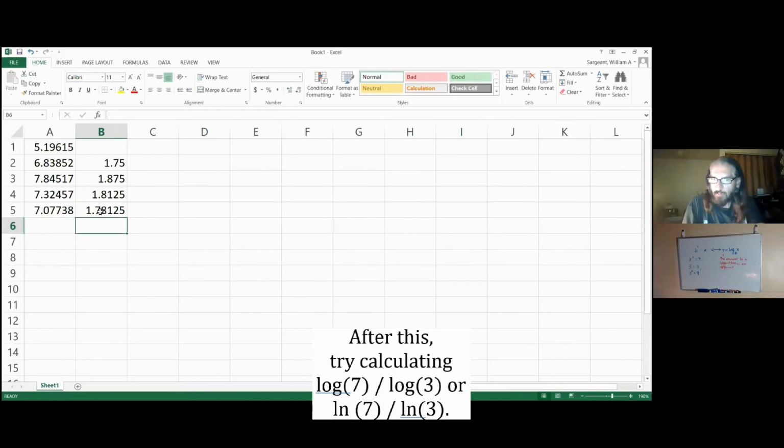So again, I back off, go halfway between the 1.75 and that 1.78125, and raise 3 to that power. Now it's too low. So I'm going to go halfway in between these two.